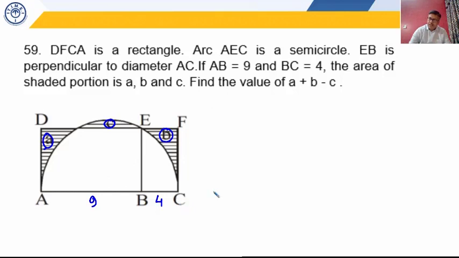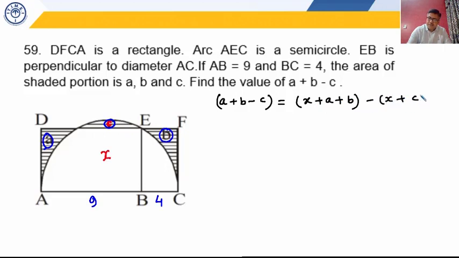Right? Let's say the area of this whole portion, apart from this C, the rest of the portion of the semicircle, is X. So can I say A plus B minus C can be written as X plus A plus B minus X plus C?